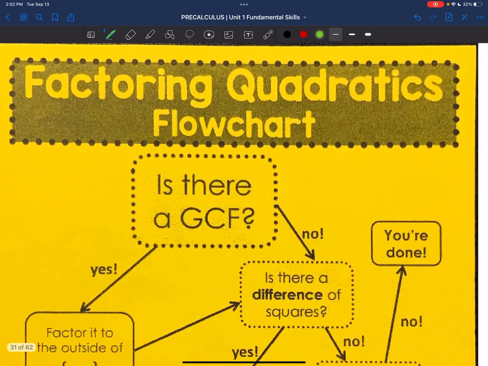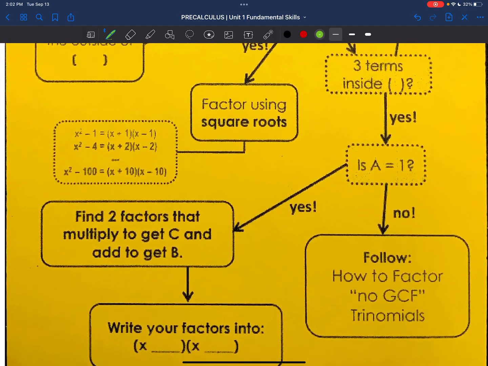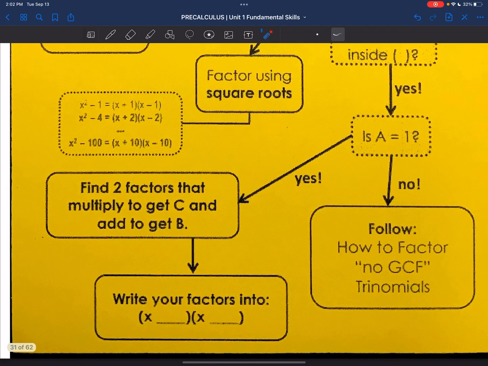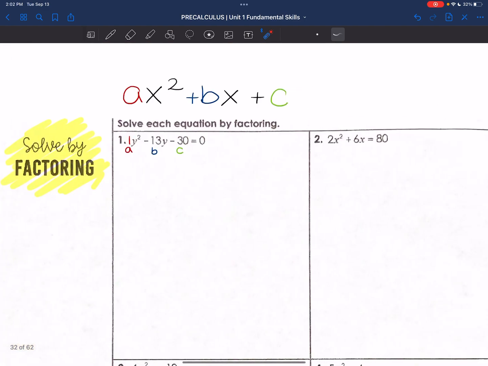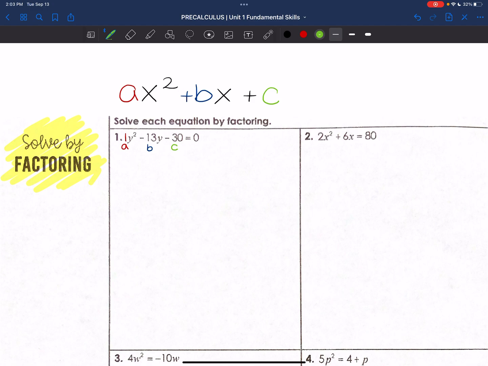So with that, because the A is equal to 1, you're going to find factors that multiply to get us C and add to give us B. So what does that look like, ladies and gentlemen? We are asking ourselves, what is going to multiply to give us C, which is negative 30, but add to give us B, which is negative 13?